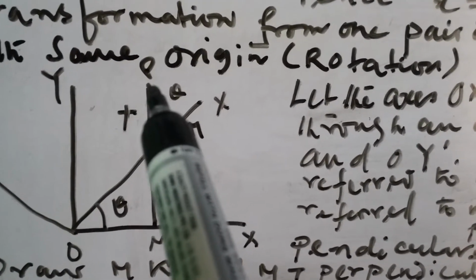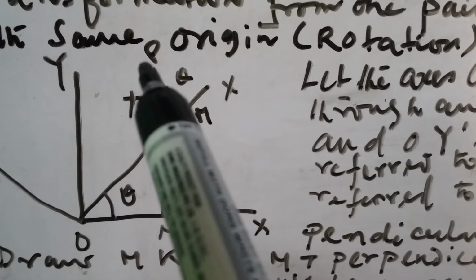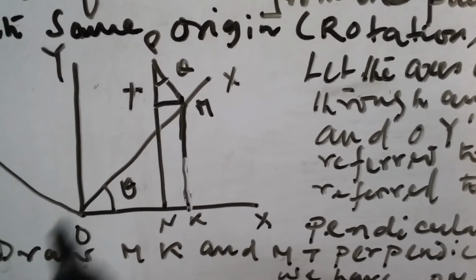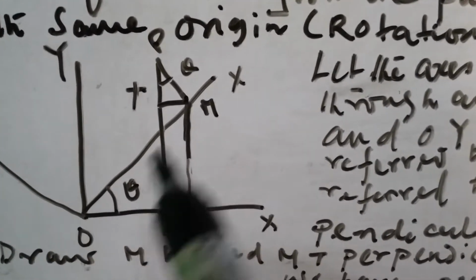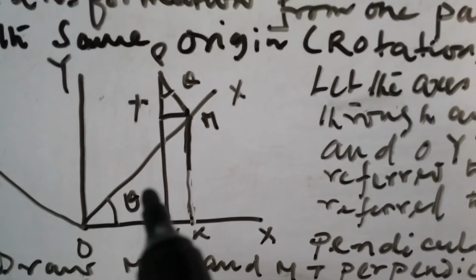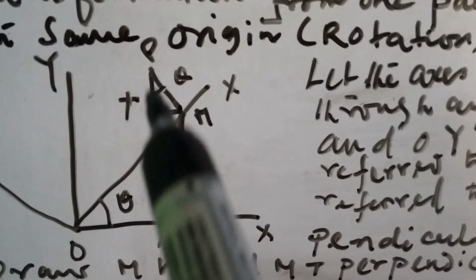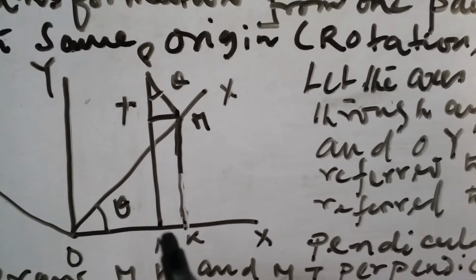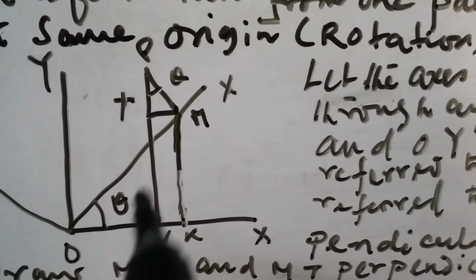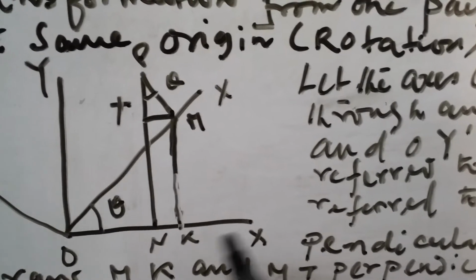Let the coordinates of P in regard to these axes be (x dash, y dash), so PM is equal to y dash and OM is equal to x dash. But in regard to the original axes, PN is equal to y and ON is equal to x. The angle is theta, and these are parallel.